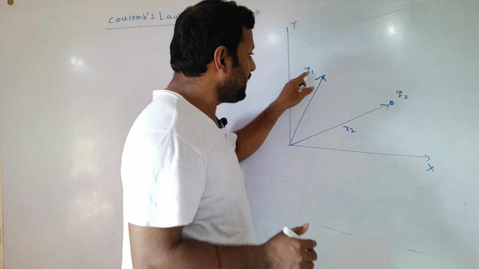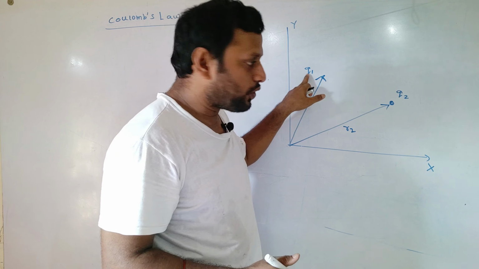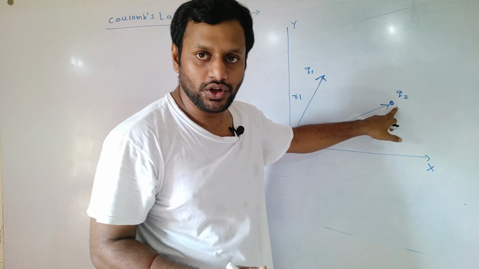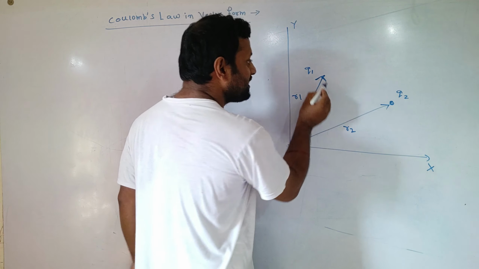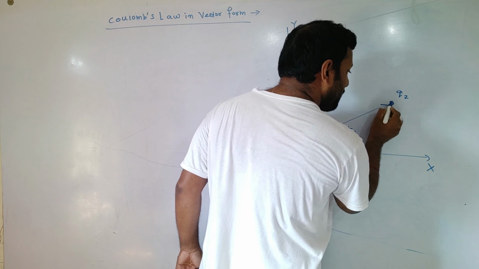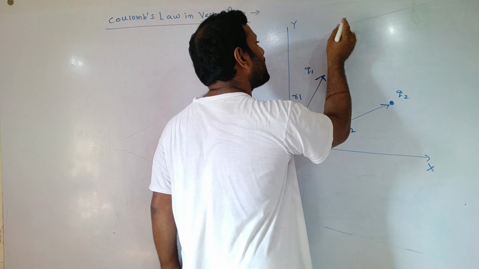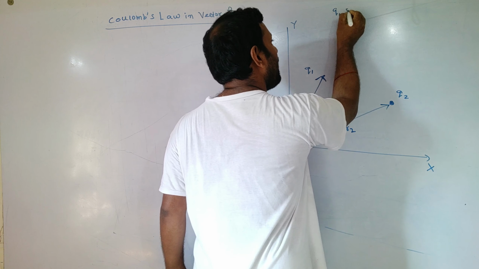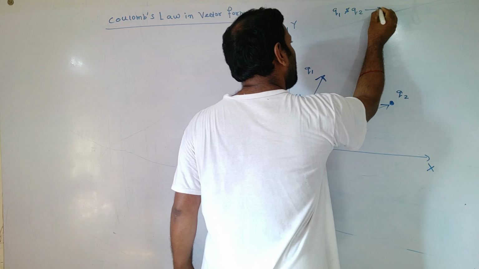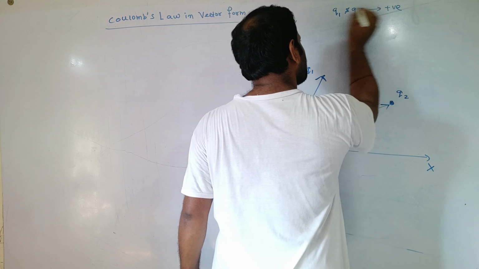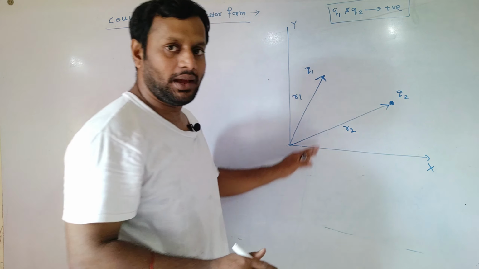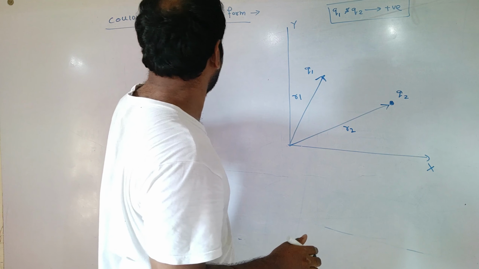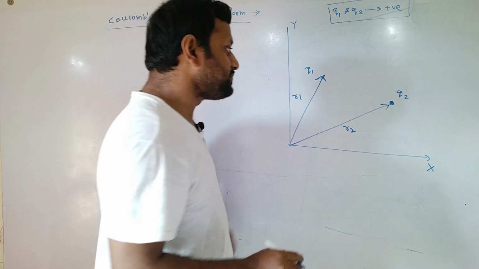If this q1 is positive and this q2 is positive, then there is a repulsion. So I assume both charges are of the same type, that is q1 and q2 both positive. In that sense, I am now deriving Coulomb's law in vector form.